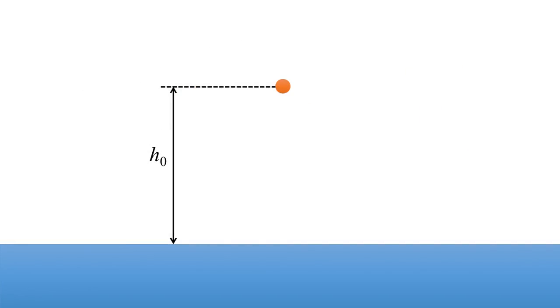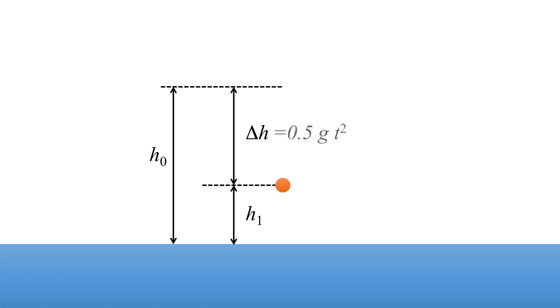Any test mass we drop at height h0 is after t seconds at height h1. Let's introduce delta h as the difference between h0 and h1. From basic physics, we know that the distance for an accelerated object after t seconds equals 0.5 times the acceleration times t squared.